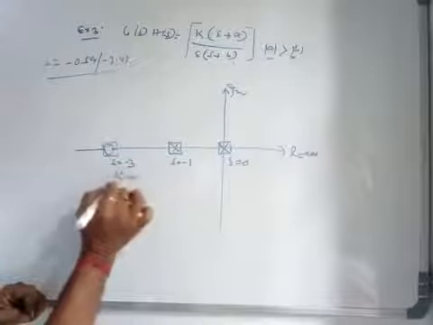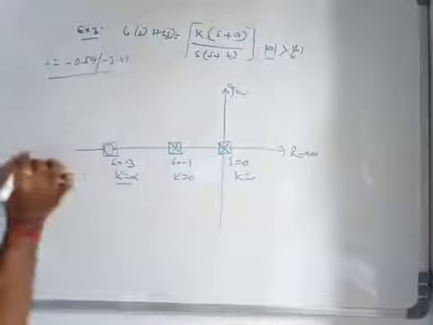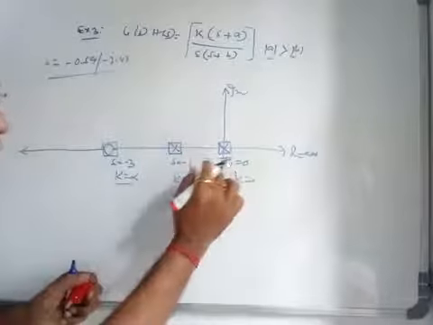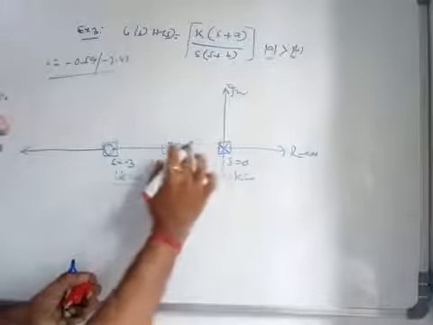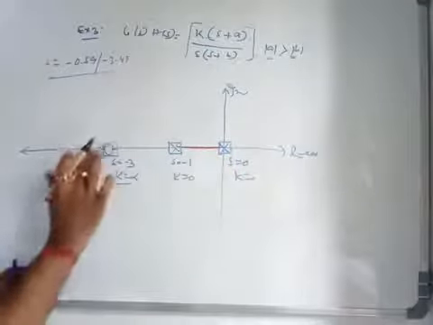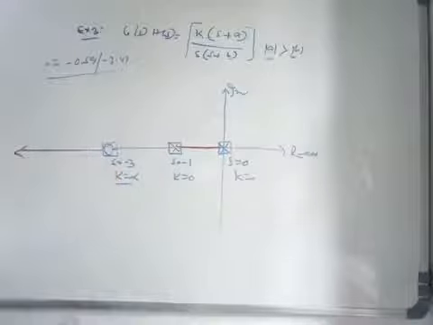With k is equal to 0 at the poles and k is equal to infinity at the 0, that much I know. And another important part was that in between s is equal to 0 and s is equal to minus 1 there was a branch, and from s is equal to minus 3 to minus infinity there was again one branch, right?